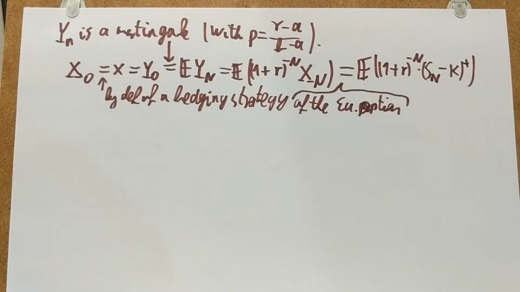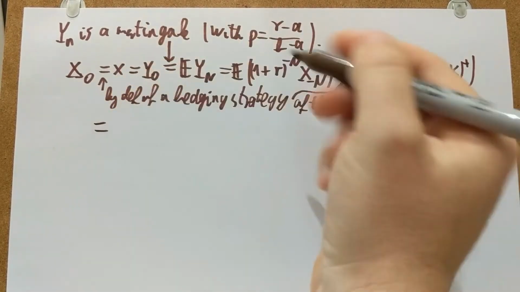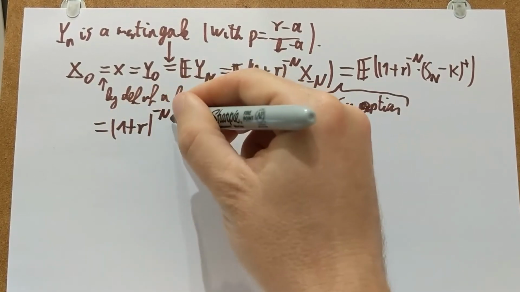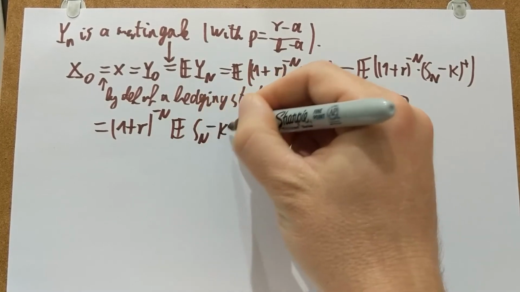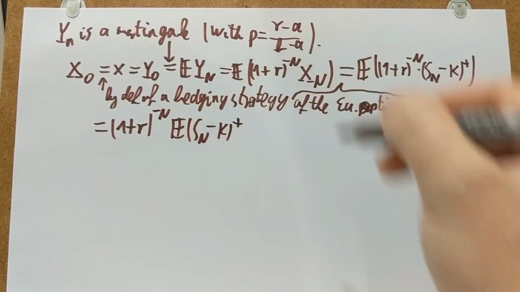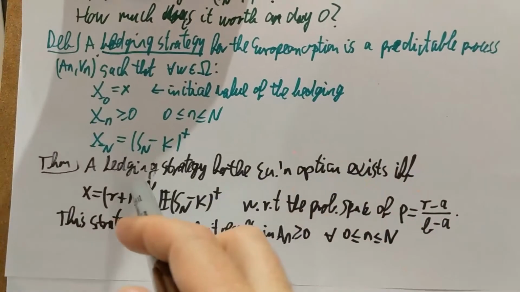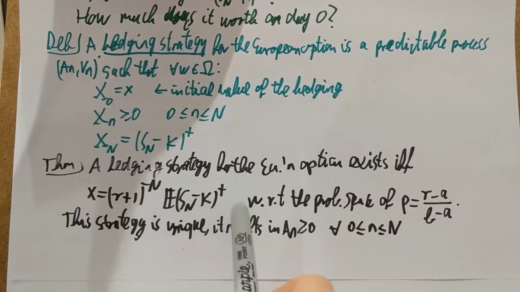Okay, we're almost done. So let me just factor out this non-random part, 1 plus R to the minus n. What's left is the expectation of Sn minus k positive part, and that's exactly what the theorem says. We have a hedging strategy for the European option if that's the initial value.